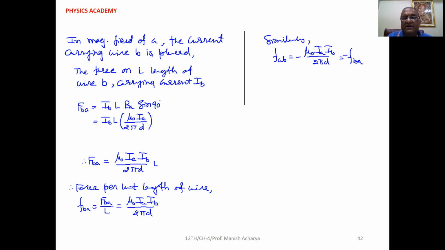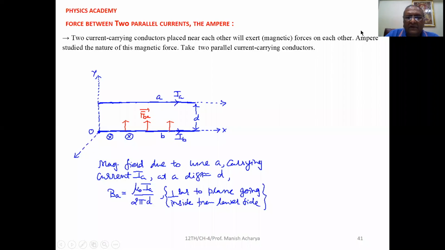Now here in text it is given to you, if the currents are parallel, then there will be the attractive force between those two. And if currents are in opposite direction, anti-parallel, then they will repel each other. Later on, we will prove this thing. Clear to all of you?